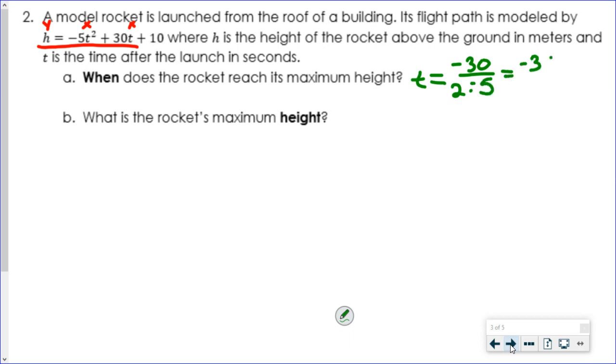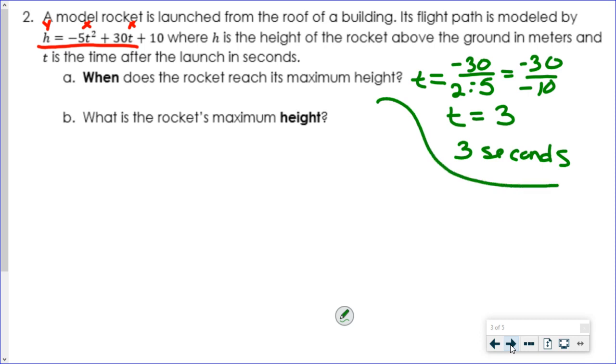So I get -30 over -10. So t is equal to 3. What's my label? At what time? At 3 seconds. And what is that height? So when t is 3, what is h? So I use that.